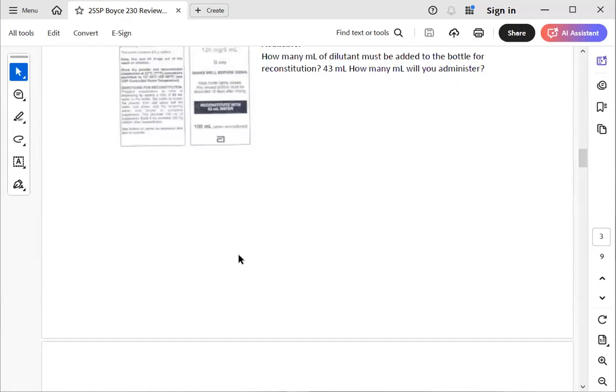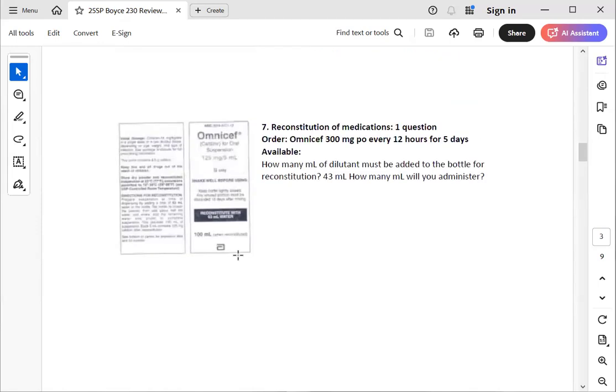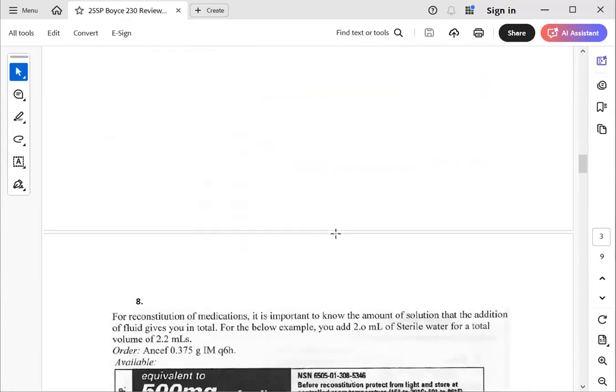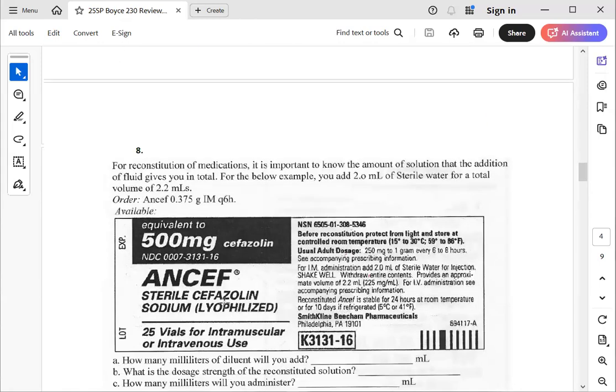100%. You have a couple of reconstitution questions. Just remember, if it says reconstitution, that means sometimes you have to look at the label to find out what the actual strength or concentration is. The best examples were this Ansef, and then there's an amoxicillin one.